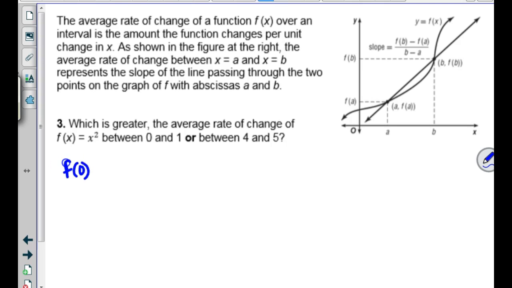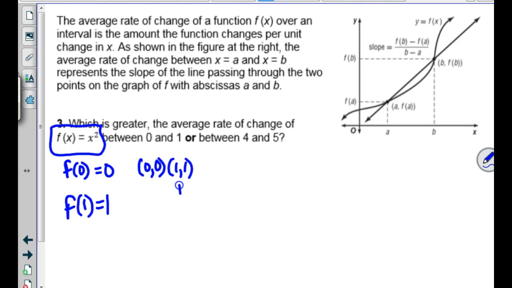If I had f of 0, I'd get out what? For x squared, guys? 0. If I put in a 1, I'd get out 1. If I found the slope between 0, 0 and 1, 1, I'd get 1 minus 0 over 1 minus 0, which is 1.